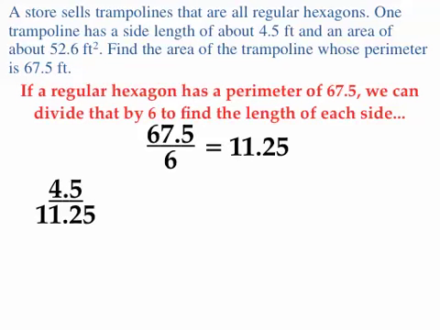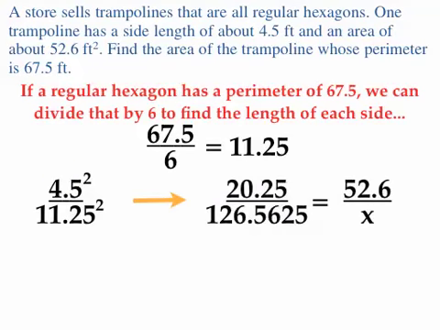Remember, to go from side ratio to area ratio, I need to square both 4.5 and 11.25. When I do so, I get 20.25 over 126.5625, and I'm going to set that equal to 52.6, my known area, over x, the area of the second trampoline.